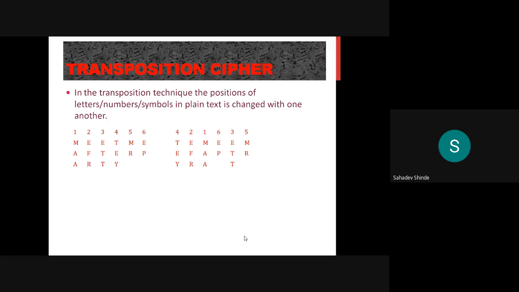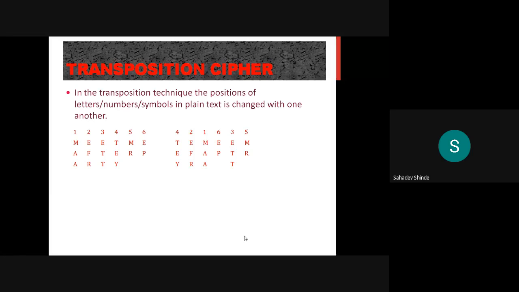Simply, we rearrange the elements of the plain text so that you get the cipher text. Note this down: this is the fourth experiment we are going to study, that is the transposition cipher.